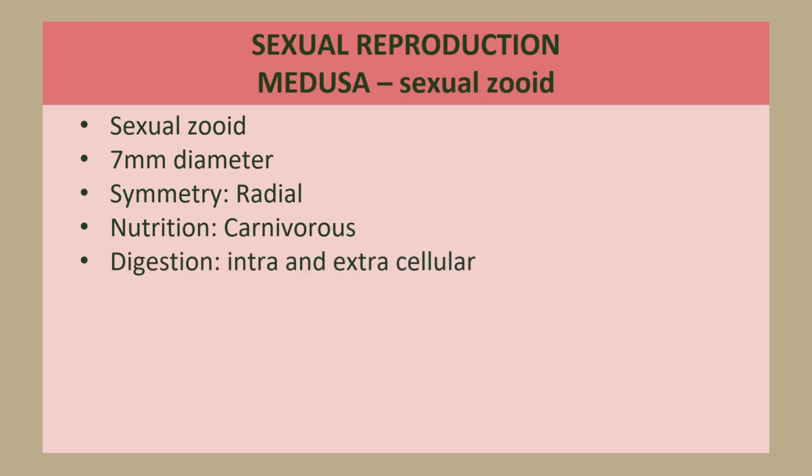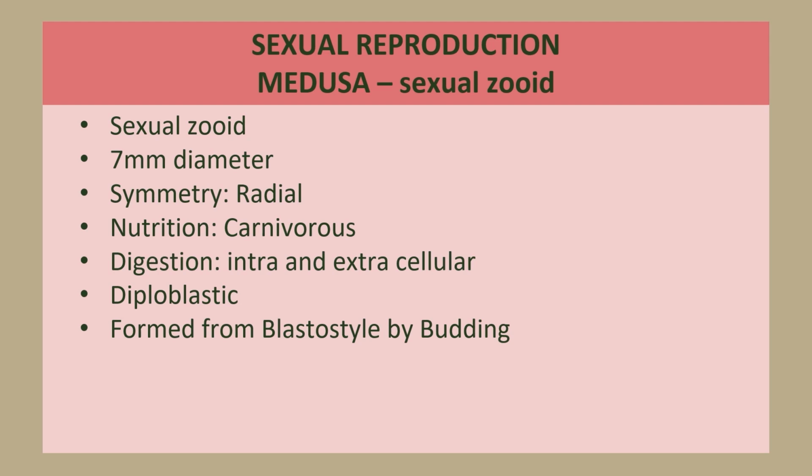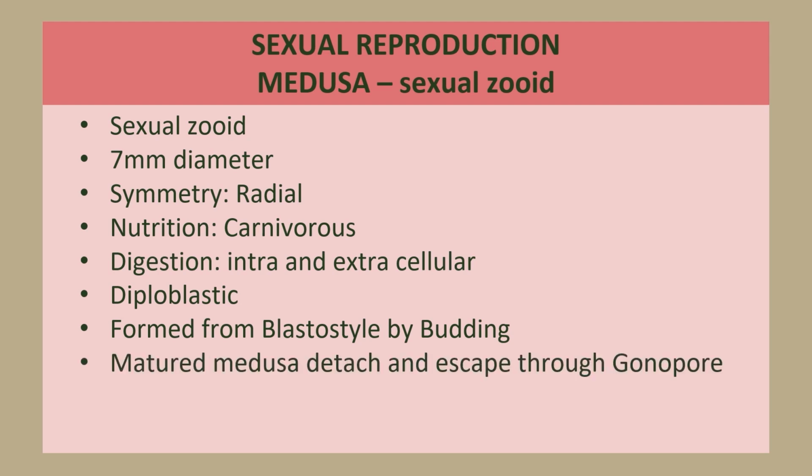The digestion takes place both intracellularly and extracellularly. They have 2 layers of cells, hence diploblastic. The medusae are formed from the blastostyle by budding. The matured medusae detach and escape through the gonopore. The sexes are separate. Each medusa contains 4 gonads.